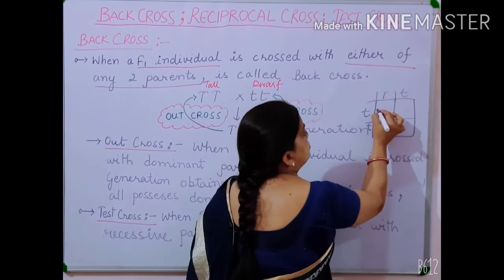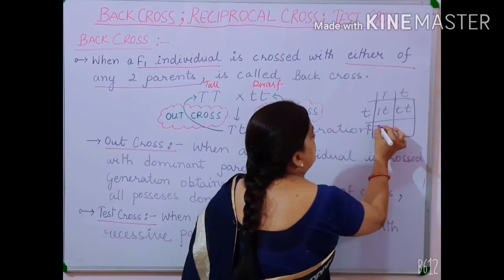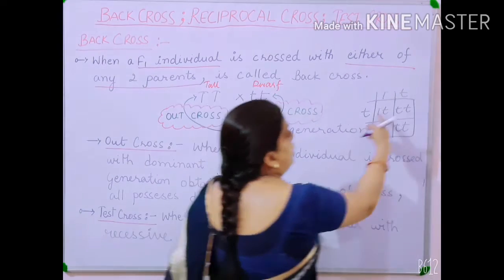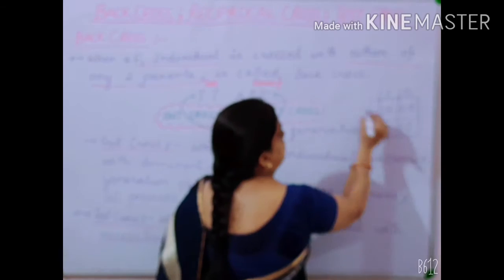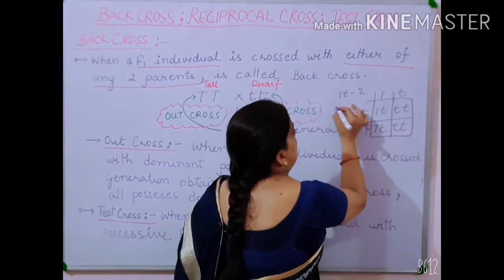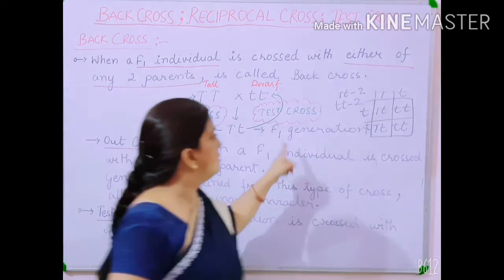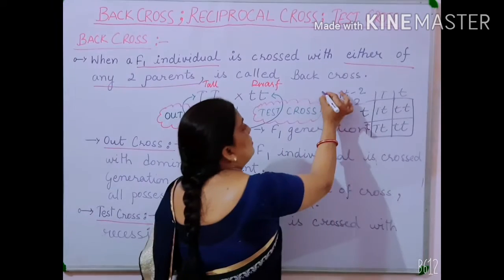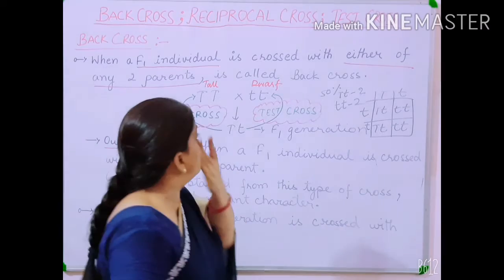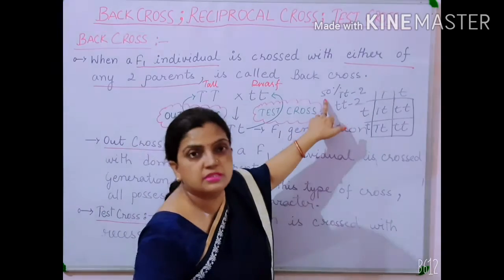I will get capital T small t, capital T small t, small t, small t. How many are we getting? Capital T small t, I am getting 2. Small t, I am getting 2. So the progeny obtained by the test cross is 50%. The chance of obtaining the recessive gene in the further generation is 50%.